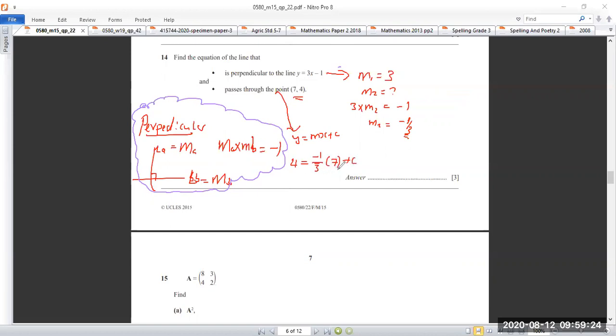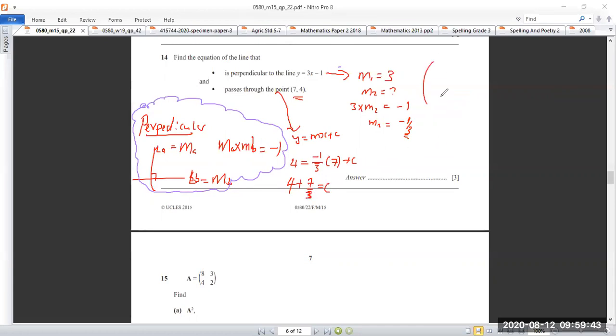So we are looking for c. Multiply both sides by 3. So we have 4 plus 7 over 3 is equal to c.